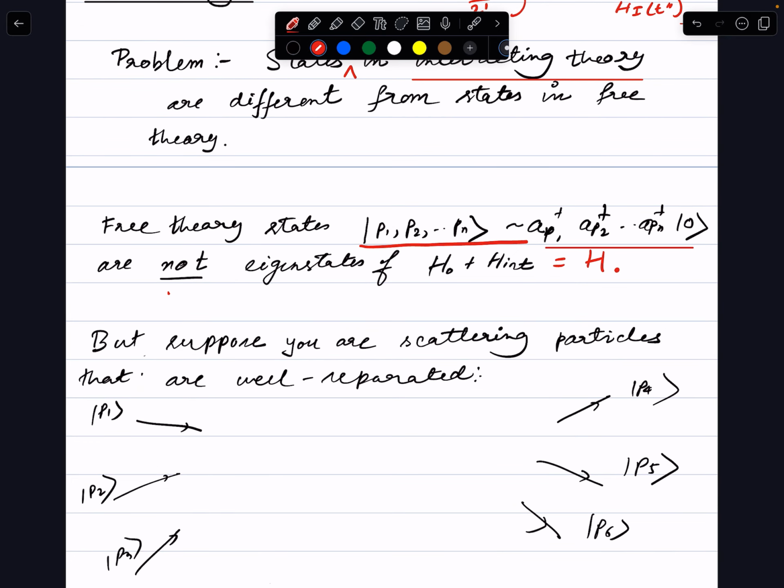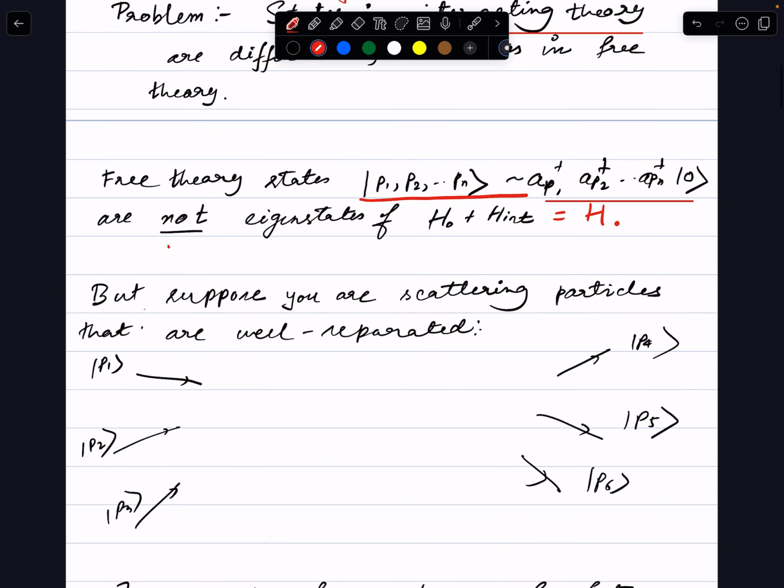The actual particle states, which we may call Pi, would be some eigenstates of the full Hamiltonian. But we don't know what these are, because we cannot solve for the full Hamiltonian except in perturbation theory. So this makes our job difficult.